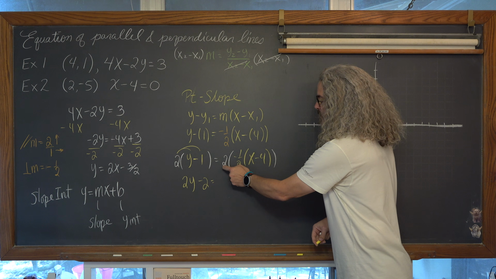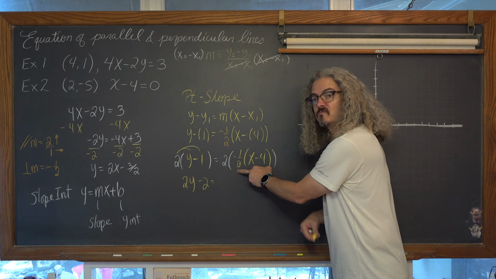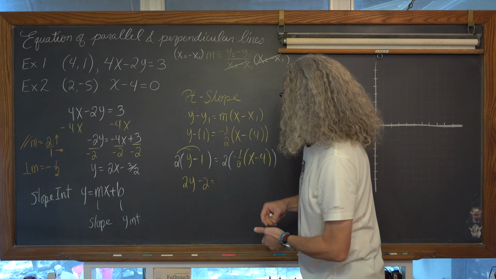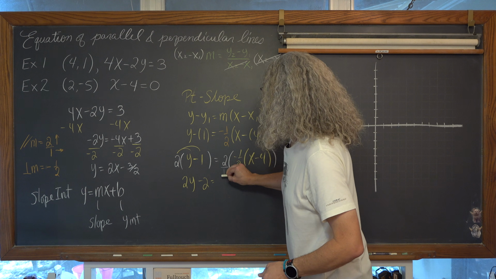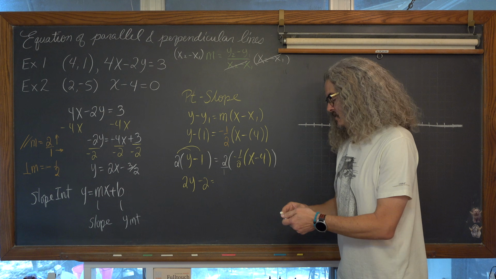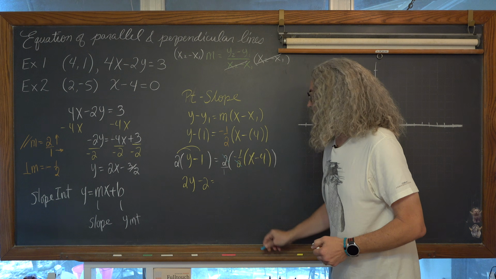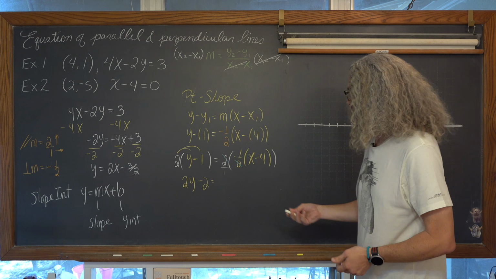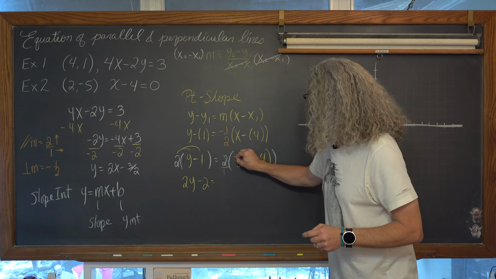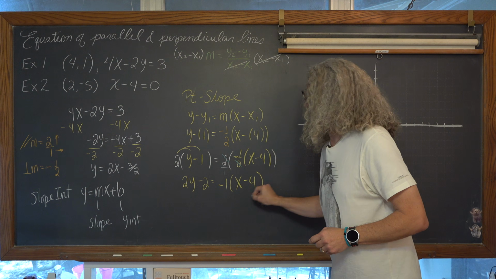So when you have this multiplication of 2, it's 2 times one term or one factor, so hopefully when you see that 2 over 1 on the right hand side getting multiplied by negative 1 over 2, you can see that that multiplication of 2 is going to cancel out the division of 2, and on the left hand side we haven't done anything to get rid of the negative, so we have negative 1 parentheses x minus 4.